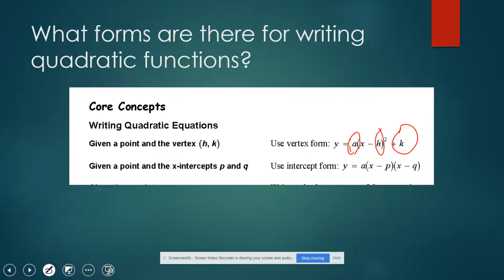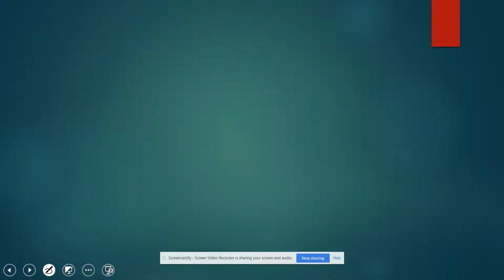If we have intercept form, then we are filling in A, P, and Q. Our steps for finding A. The first thing we're going to have to do is to find A, because they'll give us enough information to fill in the other stuff, but we're not going to know what A is.